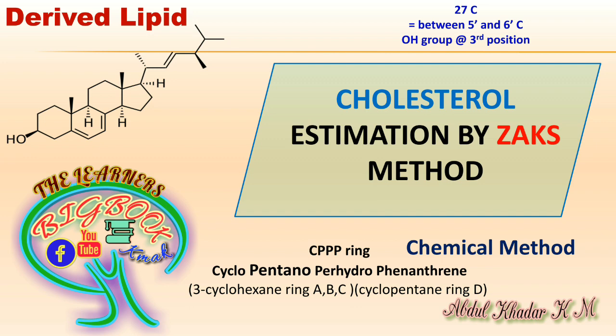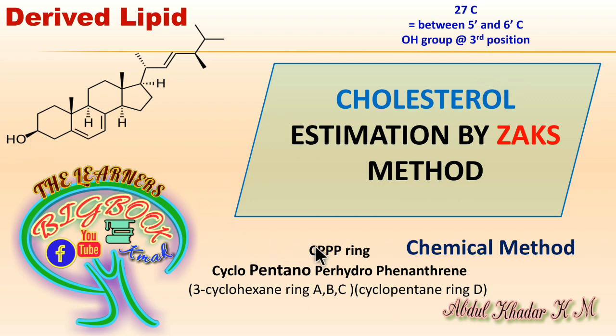This cholesterol has the structure like this, with 27 carbons, a double bond between the 5 and 6 carbons, and a hydroxyl group at the third position here.